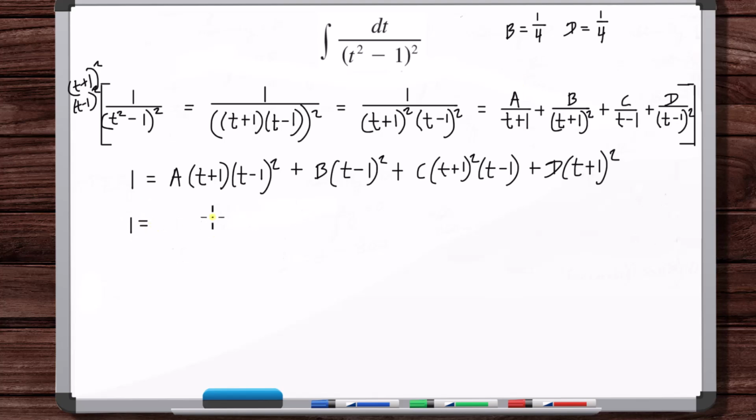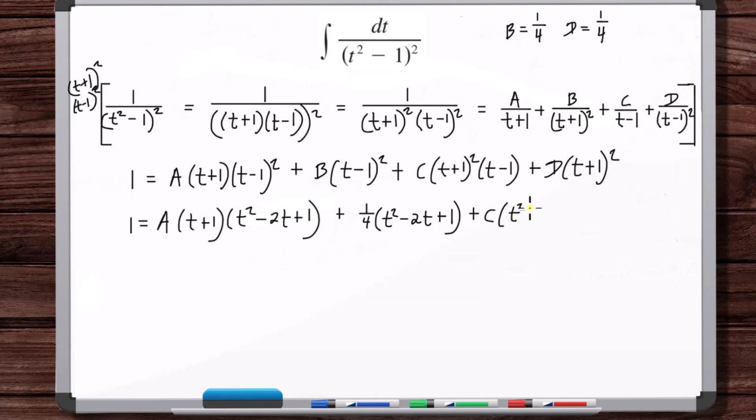So let's simplify this a little bit. So we've got a, we'll need to, all right, t minus 1 squared is t squared minus 2t plus 1, plus 1/4, t squared minus 2t plus 1, plus c, t squared plus 2t plus 1, plus d.